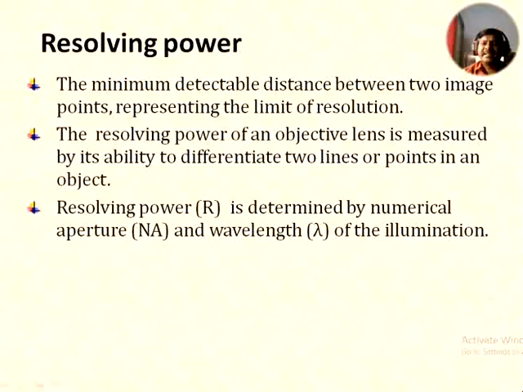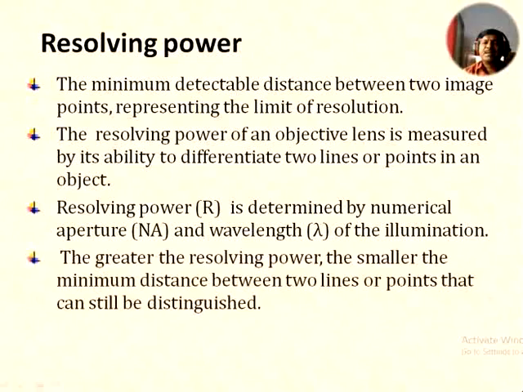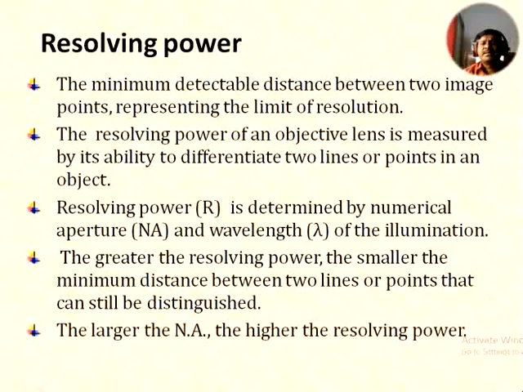The greater the resolving power, the smaller the minimum distance between two lines or points that can still be distinguished. The larger the numerical aperture, the higher the resolving power. That means the resolving power is dependent upon the numerical aperture.